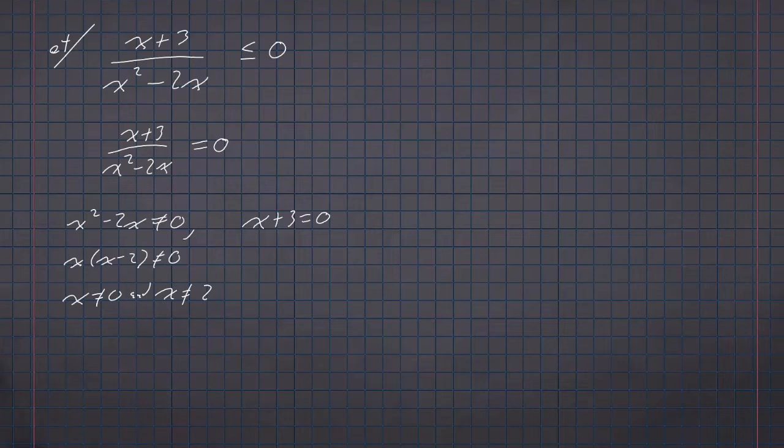We see that x is not 0 and x is not 2. So as long as x is not 0 and x is not 2, the solution to this equation is x equals negative 3. Right? If x is 0 or if x is 2, that means that the denominator of the function is undefined and we are likely to have a vertical asymptote.